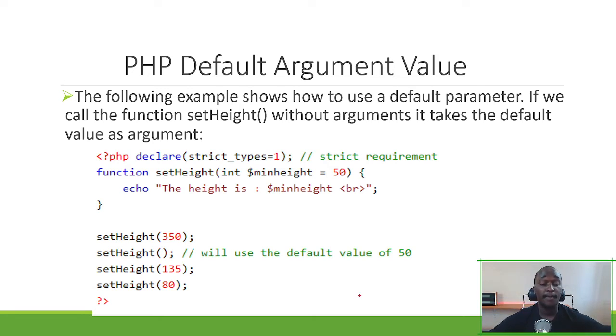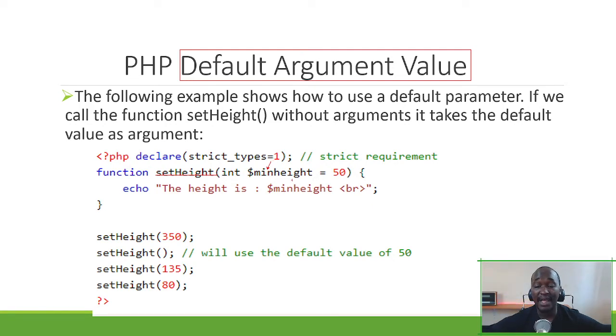Okay, now with functions, you can declare a default argument value. Now let's see how you do that. In this example, we have a function called setHeight. Then we've declared an integer variable min height as the only argument.